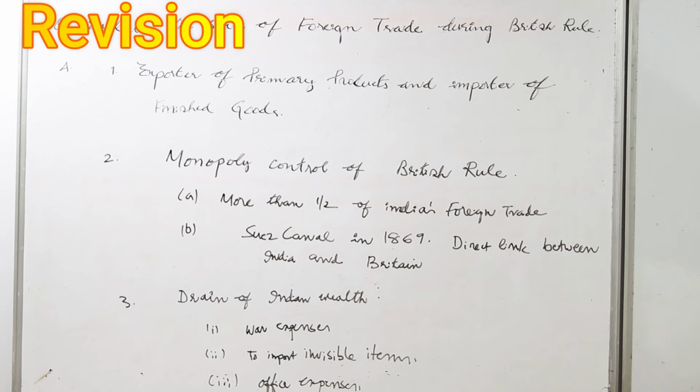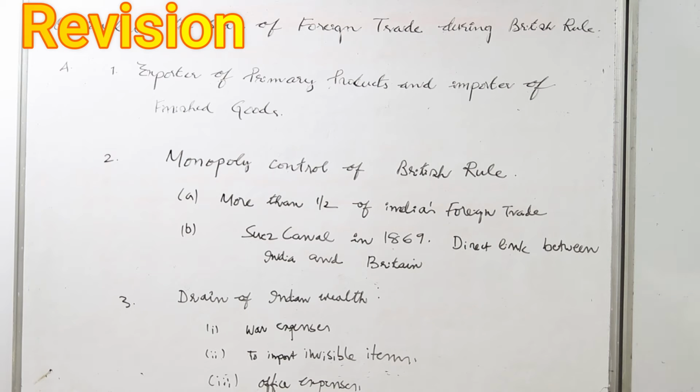And the second major point is, under the foreign trade policy, monopoly control of British rule. British government maintained a monopoly control over India's exports and imports. Under this you have the first point, more than half of India's foreign trade was restricted to Britain, while the rest was allowed with few other countries like China, Ceylon, now we call it Sri Lanka, and Persia, now we call it Iran.